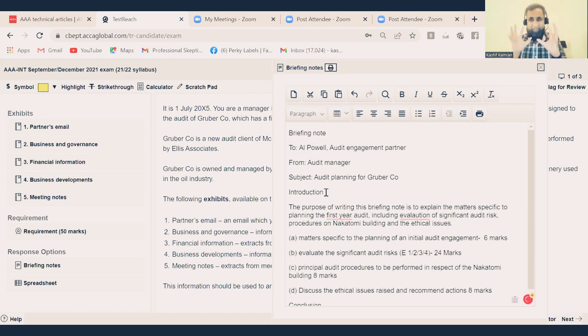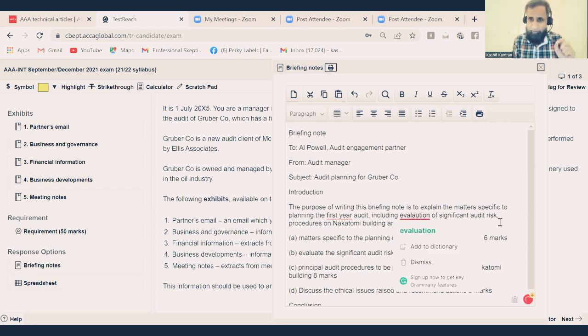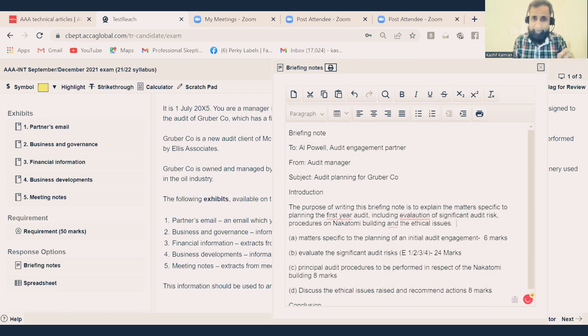Full stop. See, I just sum up. The purpose of writing this briefing note is to explain the matters specific to the planning of the first year audit, including evaluation of the significant risk, procedures on the Nakatomi building, and the ethical issues.